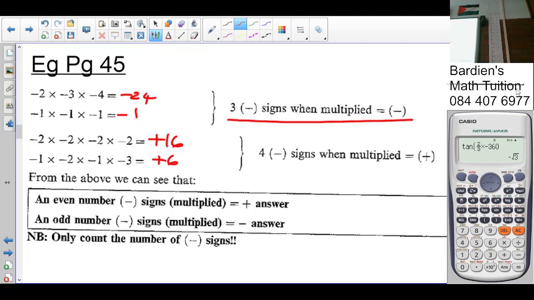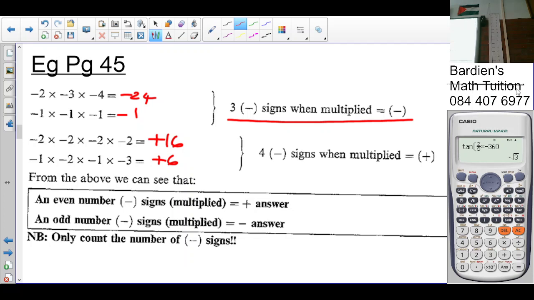Negative. 10 signs? Positive. 100 signs? Positive. 163 signs? Negative. So from the above we can see that an even number of negative signs multiplied will give you a positive answer, and an odd number of negative signs multiplied will give you a negative answer.